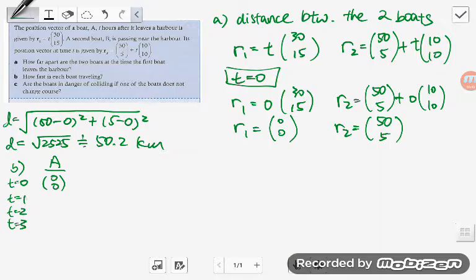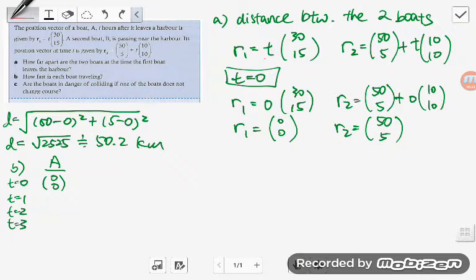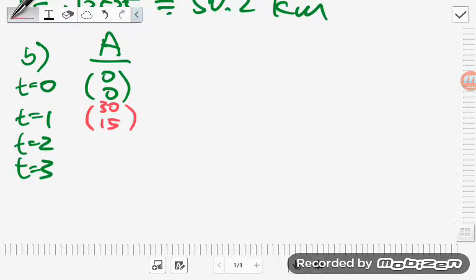When t equals 1, I'm going to substitute 1 in there, so my position vector will be (30, 15). When time is equal to 2, I'm going to have (60, 30). When time is equal to 3, I'm going to have (90, 45). So on and so forth.